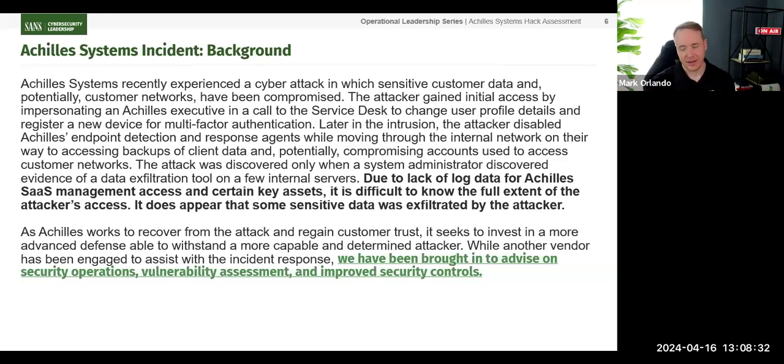And in this case, the attacker gained initial access to the Achilles environment by impersonating an Achilles executive, an Achilles user, in a call to the service desk to change some user profile details, change the multi-factor authentication setup, adding a new device that was controlled by the adversary. So that's how they gained entry.